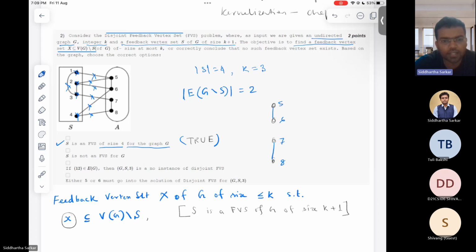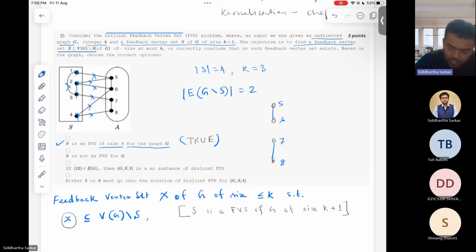Right. So the next statement is that S is not an FBS for G. Is that true? So it's clearly the negation of what we have already decided. Our first statement says that it is a feedback vertex set. The negation of that is it is not a feedback vertex set.